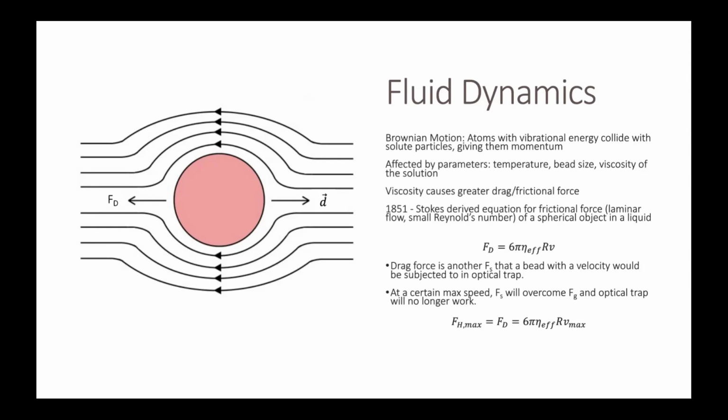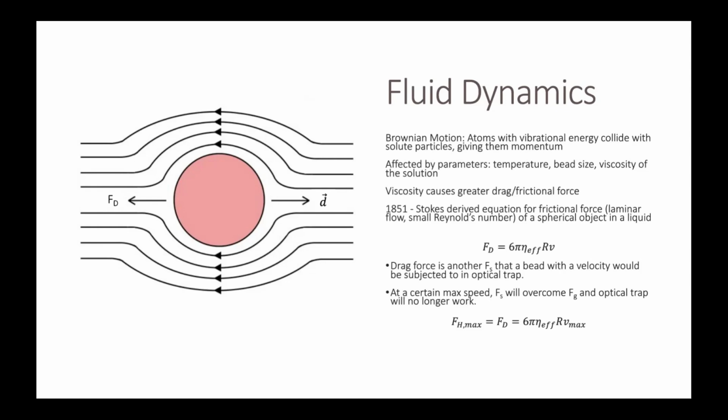Therefore, in the solution, we can expect that the beads will have a movement in them, and we call this Brownian motion. So when we have a bead moving through a liquid, it will experience a drag or frictional force, a sort of resistance caused by the medium.